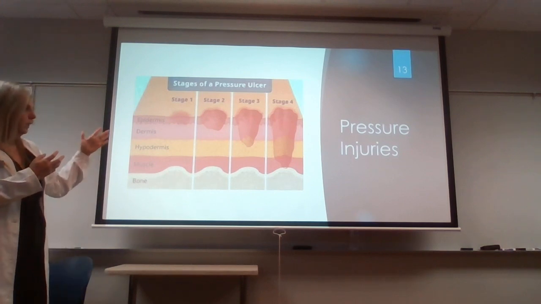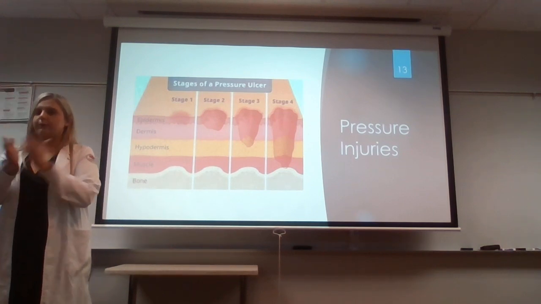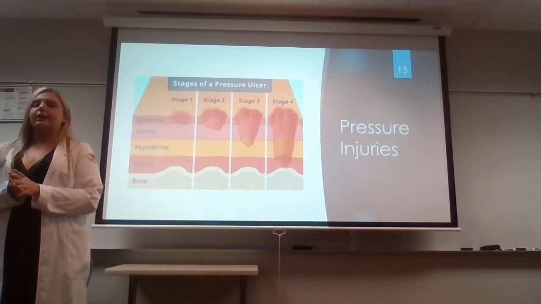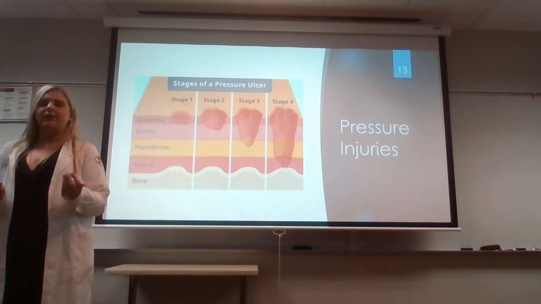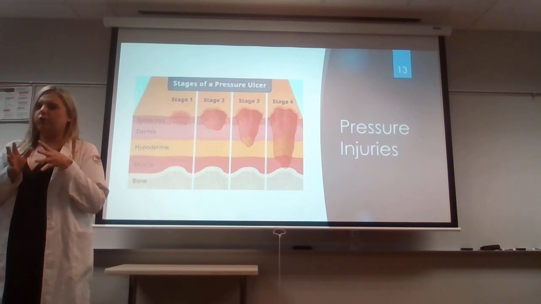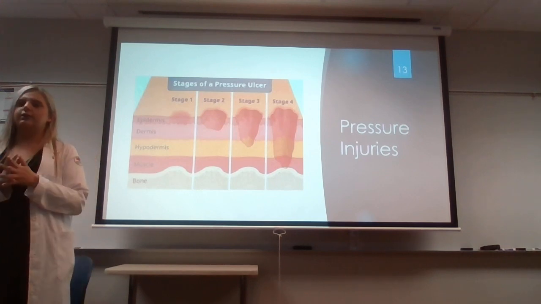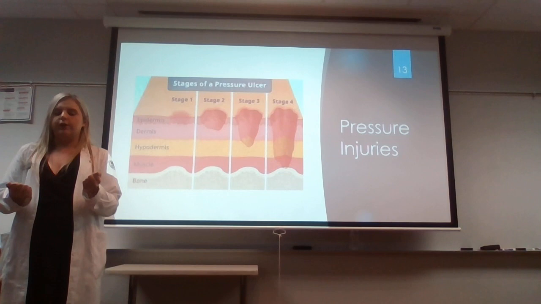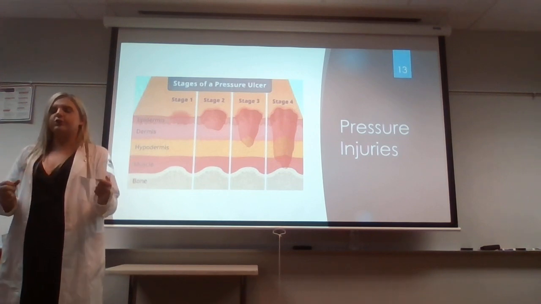So another thing that you have to think about, especially with the elderly and pressure injuries, is shearing or friction. Have y'all seen shearing or friction wounds? These wounds right here, again, they have fragile skin.